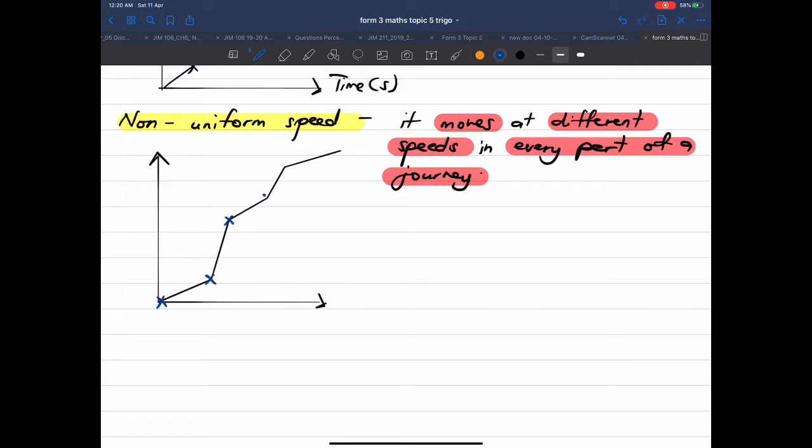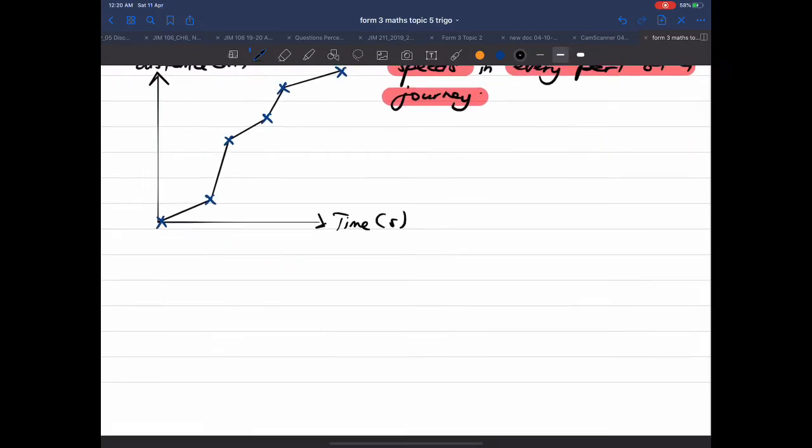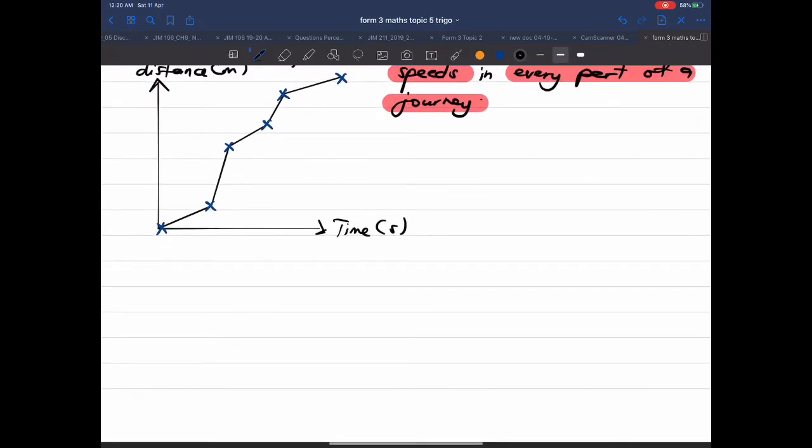All these are the speed at different points, you see. Where the same thing, this is the distance in meter and this is the time in second. Okay, so make sure you understand what is the meaning of uniform speed and non-uniform speed.